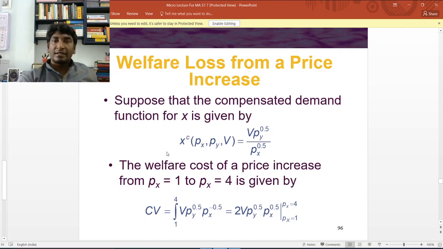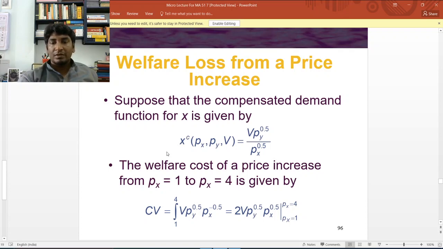Suppose that the compensated demand function for X is given by Xc(Px, Py, V) = V Py^0.5 Px^-0.5. This is simply your Cobb-Douglas case, and the welfare cost of the price increase follows from this.